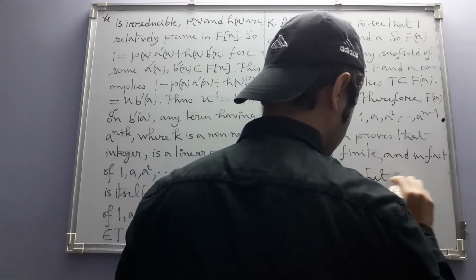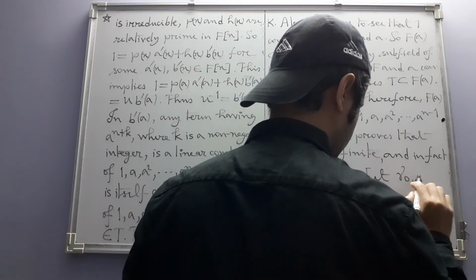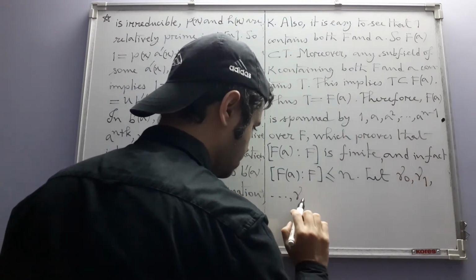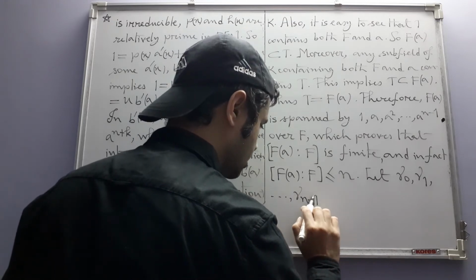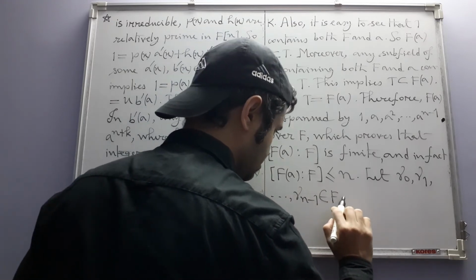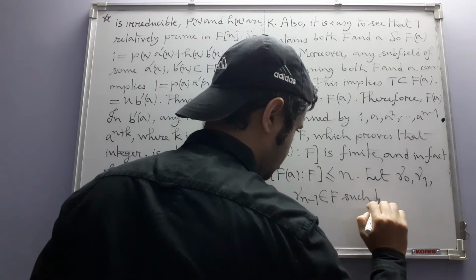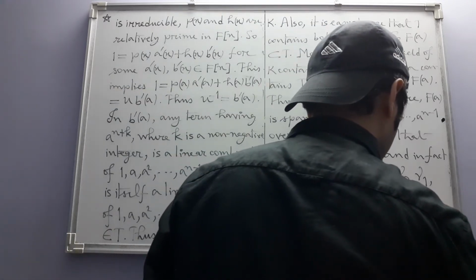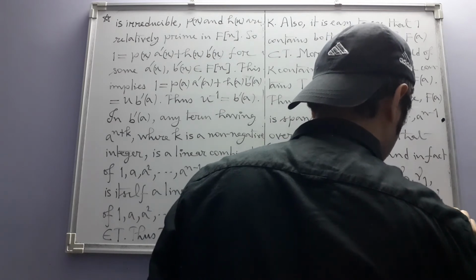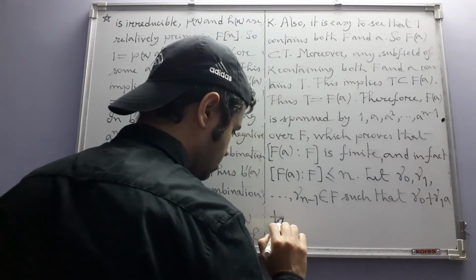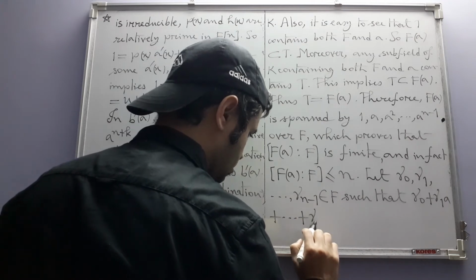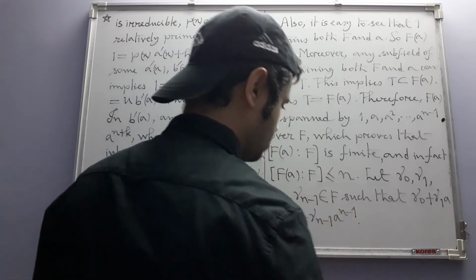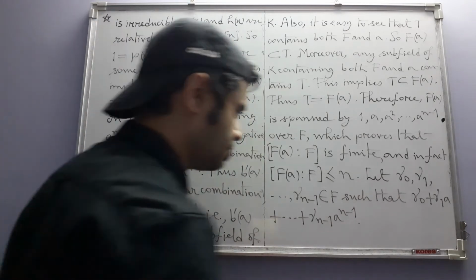Let gamma 0, gamma 1, ..., gamma n minus 1 be elements in F such that gamma 0 plus gamma 1 a plus ... plus gamma n minus 1 a to the n minus 1 equals 0.